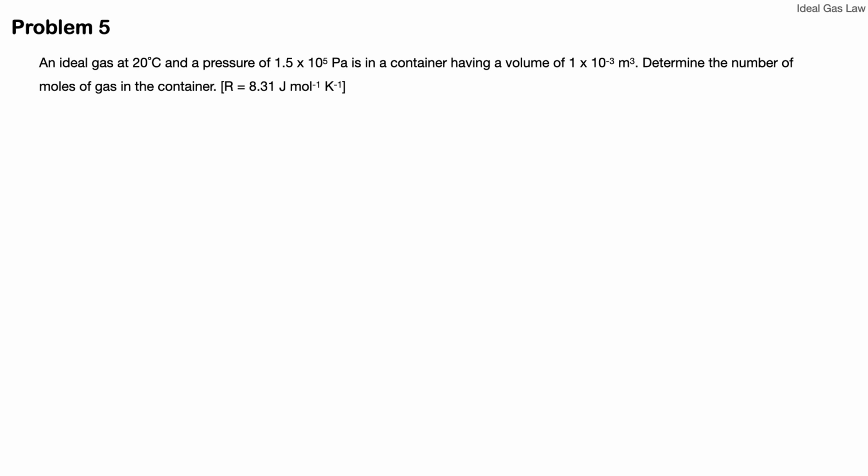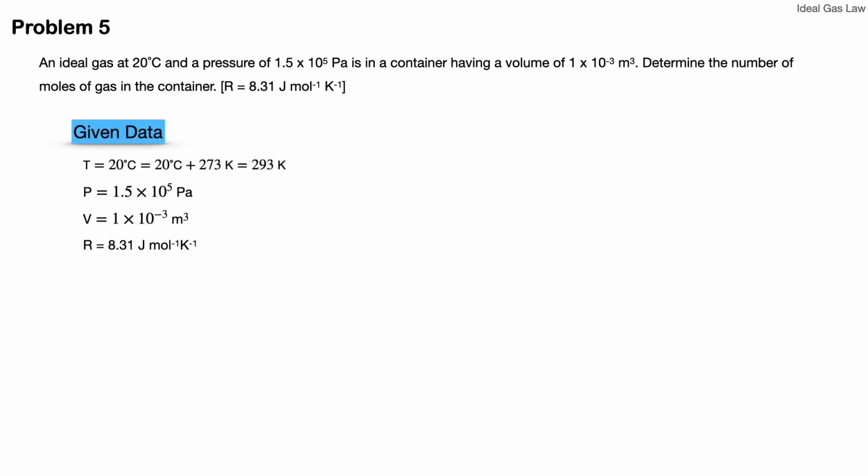The given data is temperature 20 degrees Celsius, pressure 1.5 times 10 raised to the power 5 pascals, volume 1 times 10 raised to the power minus 3 cubic meters, and the gas constant is 8.31 joules per mole per Kelvin. We have to find the number of moles of the gas in that container, which is represented with n.